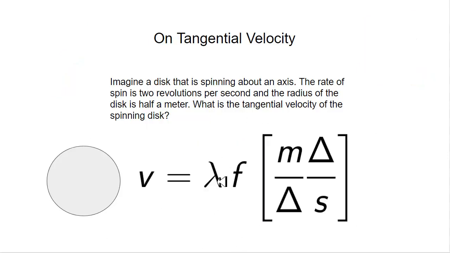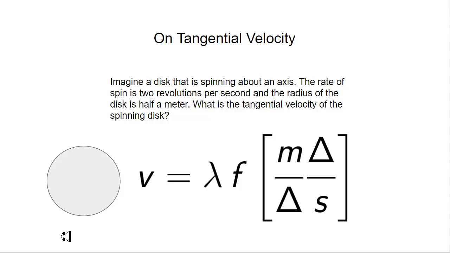And so you would write velocity equals lambda times frequency, and this frequency has unit cycles per second, and this lambda is the circumference of the circle with units meters per cycle. And so this could go either way, whatever is easier for you to remember.